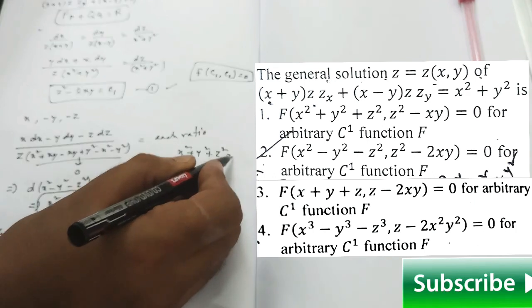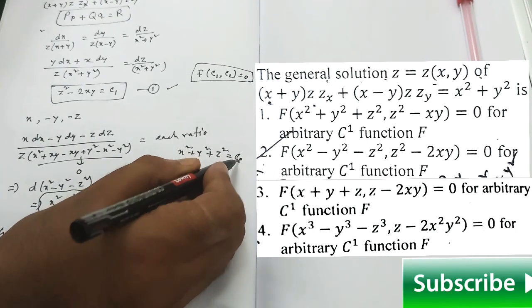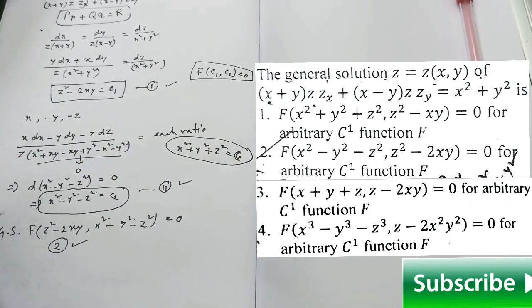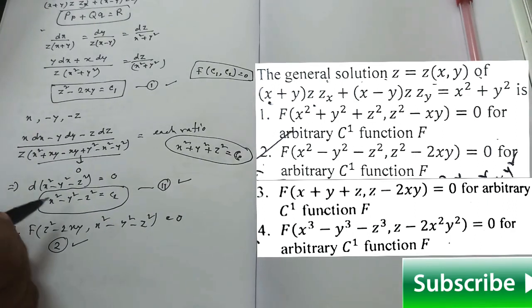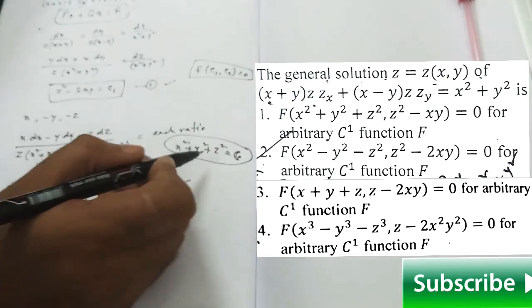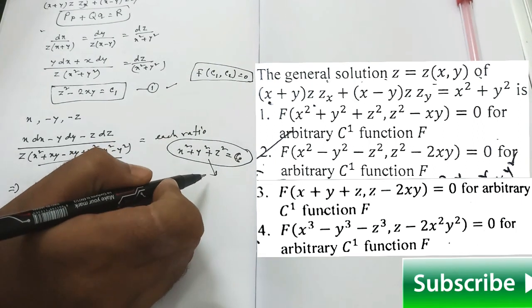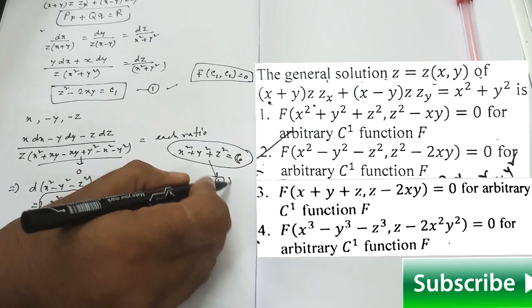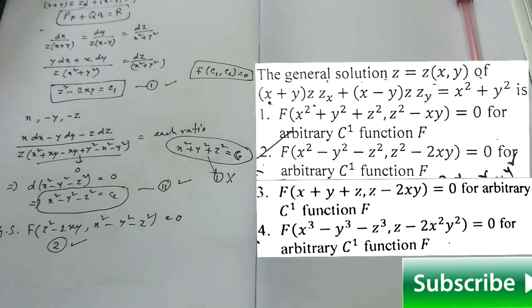From this whole calculation you will never get this kind of relation, isn't it? In fact you are getting this relation, so there is no question of getting this kind of thing. Thus you will never get the first one as your correct option, so it is false. Clear?